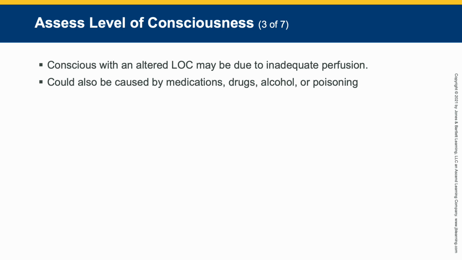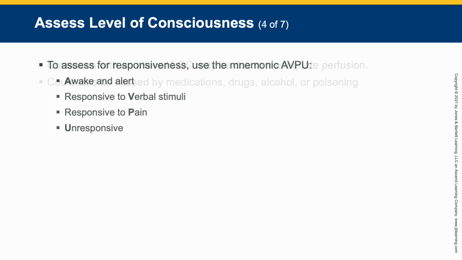If there's still no response, then we classify them as unresponsive. Keep in mind that AVPU is not just about consciousness. It helps predict how reliable the patient's answers will be during your actual assessment.